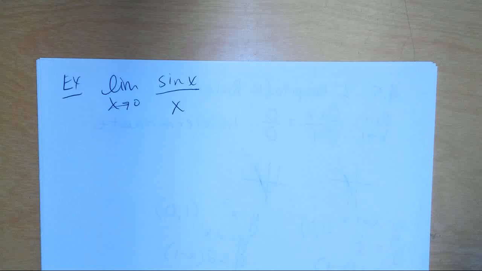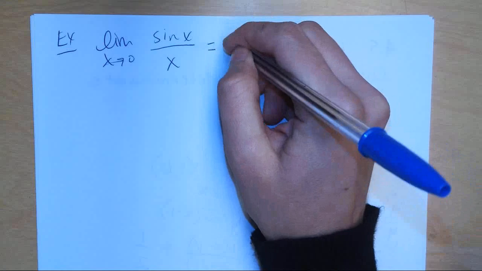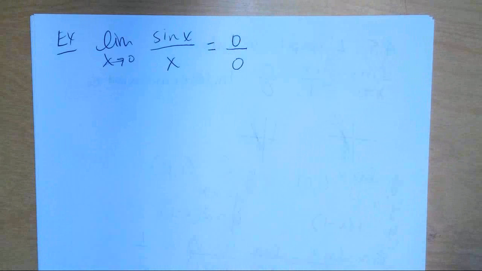Limit as x approaches 0 of sine x over x. The first thing you do when you're finding the limit is always plug it in. 0 over 0, okay. We get 0 over 0. So this time we're actually going to take the derivative, because all we need to find is the slope at 0.